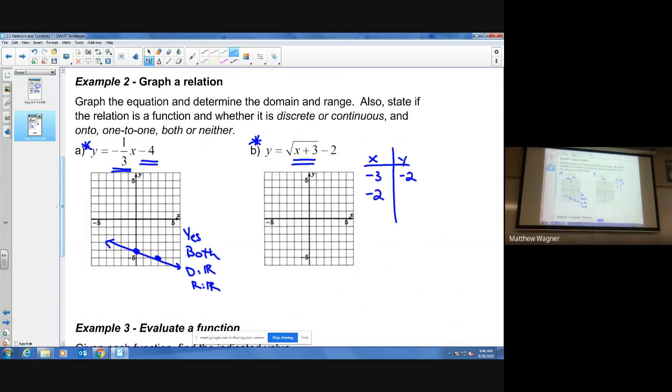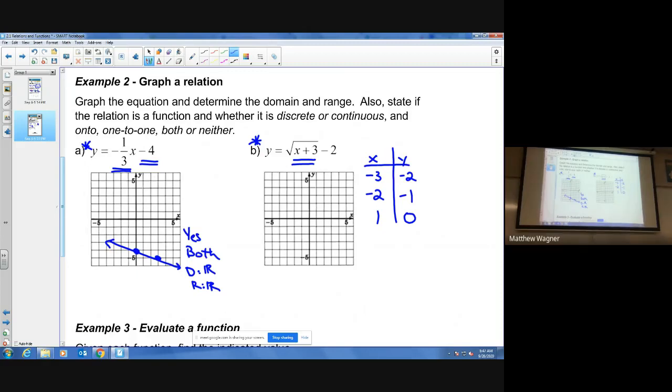Another really easy square root to do is 1. So if I plug in -2 for x, -2 plus 3 is 1. Square root of 1 is 1. 1 minus 2 is -1. Then another easy square root to do is 4. So when I plug in a 1, 1 plus 3 is 4. Square root of 4 is 2. 2 minus 2 is 0.